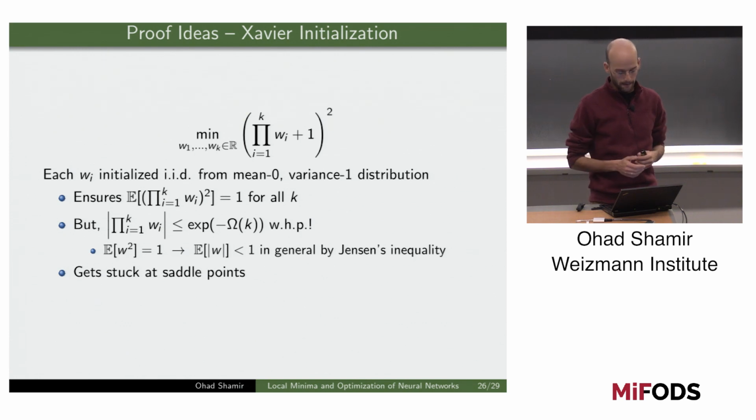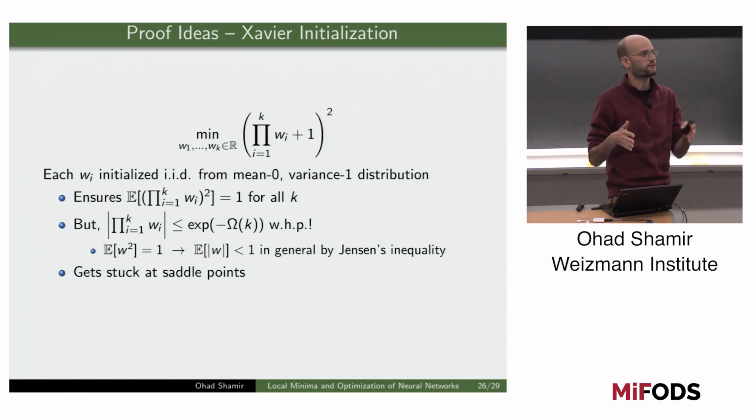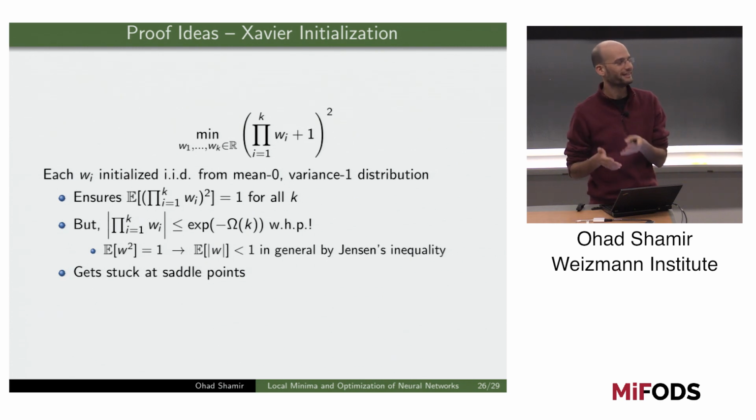But if you consider other moments of what you get, for example, you don't look at the output squared but the absolute value, it turns out that with extremely high probability, you're going to get something exponentially small in the depth. So it's not a well-behaved distribution at all.